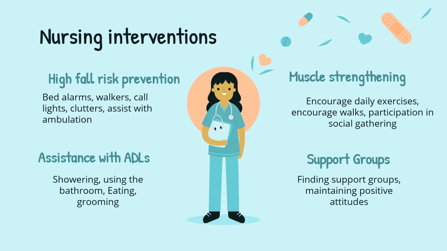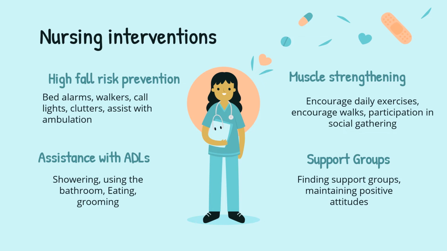Another thing we can do is encourage exercises, encourage independence, allow them to do things on their own, encourage walking, even though it's slow and difficult. We have to encourage that. Work with your social worker to find support groups, take them to social gatherings.